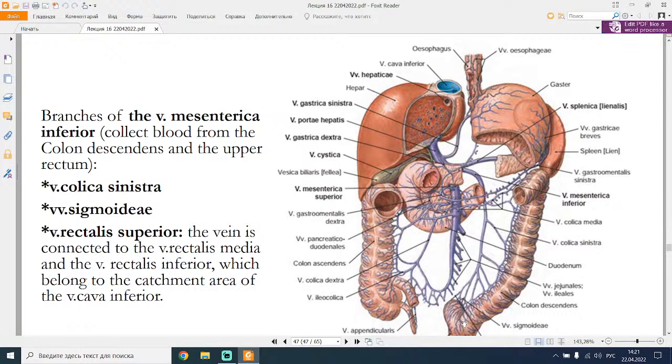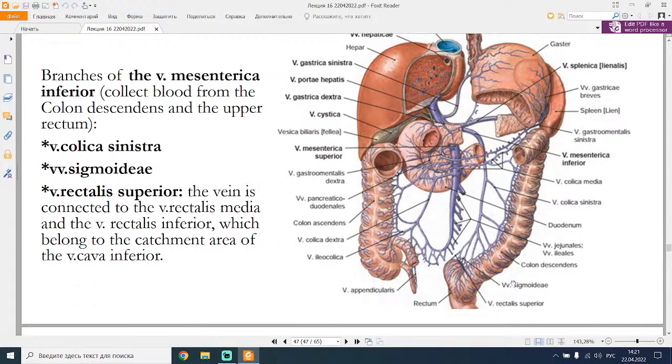Branches of the vena mesenterica inferior: vena colica sinistra, venae sigmoideae, and vena rectalis superior.